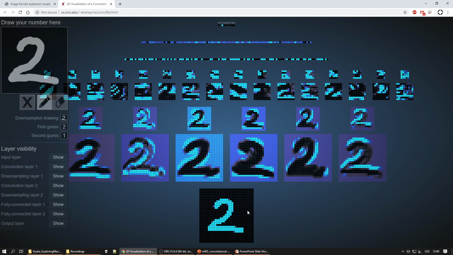Okay, so we had input, first convolution, first pooling, and then we have this strange looking layer, which is the next convolutional layer. Because here we had just one image of gray values, we have basically one channel.